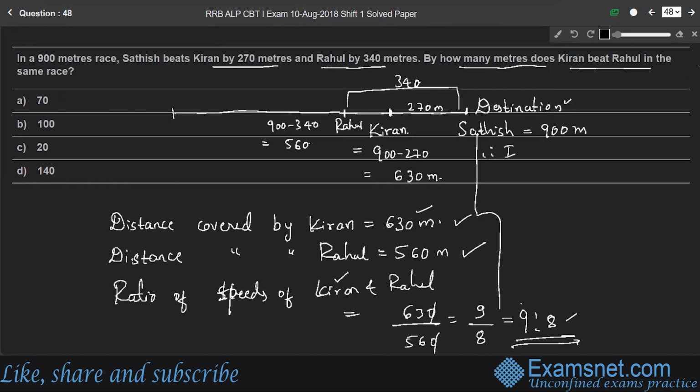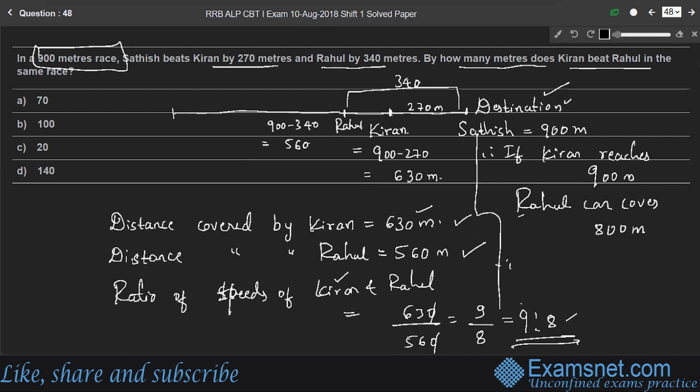Therefore, if Kiran reaches 900 meters, because here the destination distance is 900 meters, right? So in a 900 meters race, if Kiran reaches 900 meters, Rahul can cover 800 meters. Therefore, by how many meters does Kiran beat Rahul in the same race?